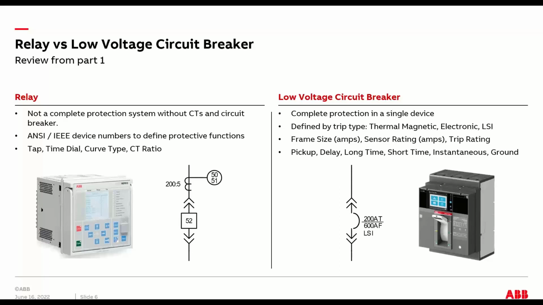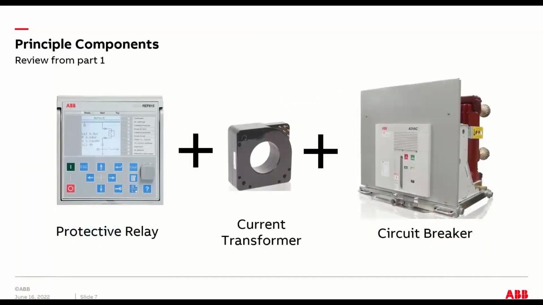The relay is one piece of three primary components that you need: the protective relay itself, the current transformer, and then the circuit breaker. They can all be from different manufacturers. They can all be varying sizes and functions and types, technologies. The circuit breaker can be medium voltage or high voltage, air, vacuum, SF6, just a whole wide variety.